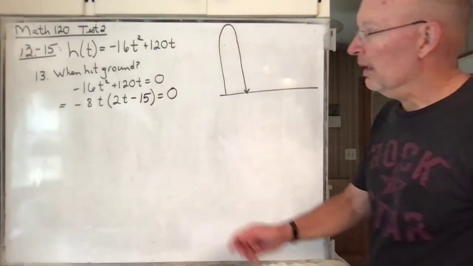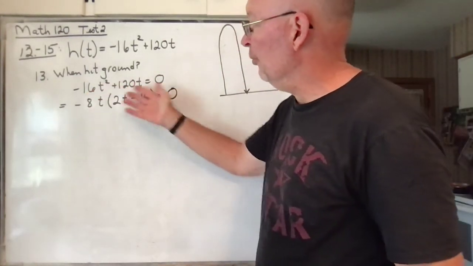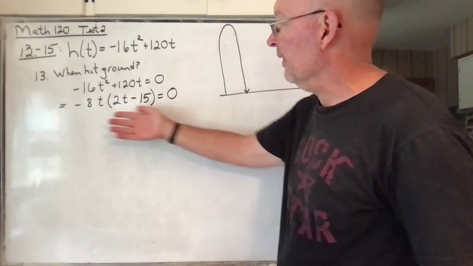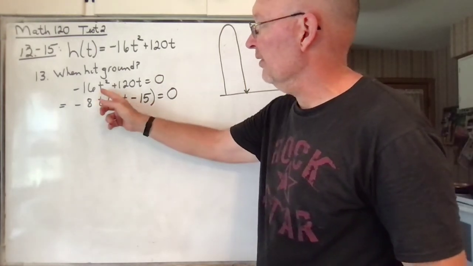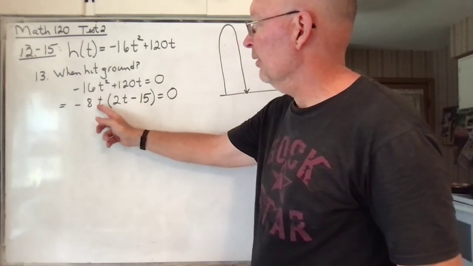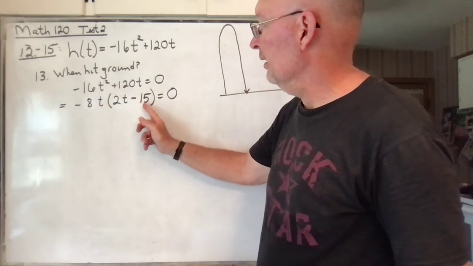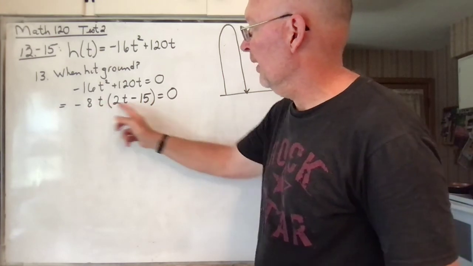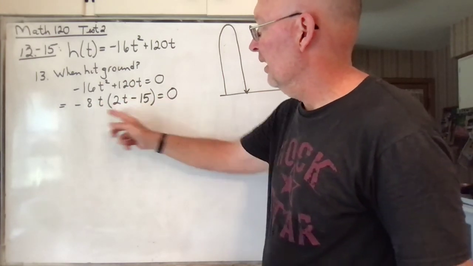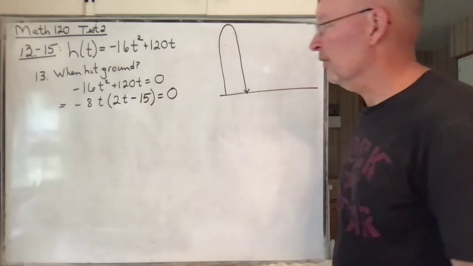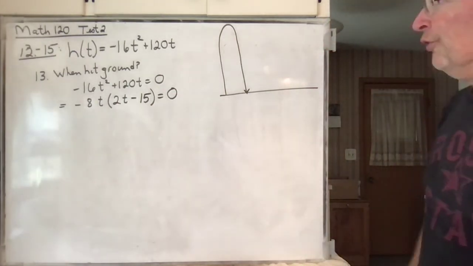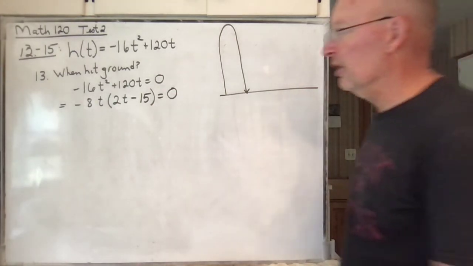See that? You could also use the Pythagorean theorem or something like that, but I'm just going to factor it like this. Factor the negative 8t out, you're left with 2t here, and you're left with a negative 15 there. Multiply it through, you're going to get 120t, and you're going to get a negative 16t squared. 0 is your friend. When will this thing be 0?